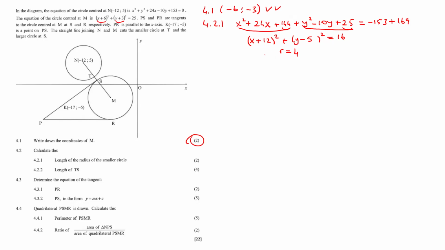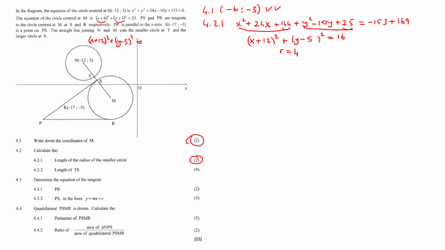Why is it 2 marks? Normally, if the coordinates of the center were not given, then this is what you need to do. But this is 2 marks because the coordinates are given. So the coordinates are given means (x plus 12) squared plus (y minus 5) squared. You already know this part from the coordinates of the center.